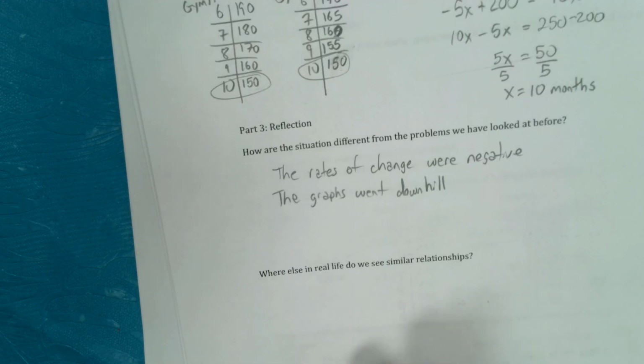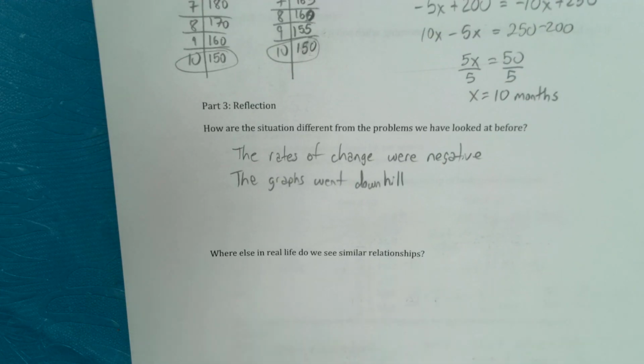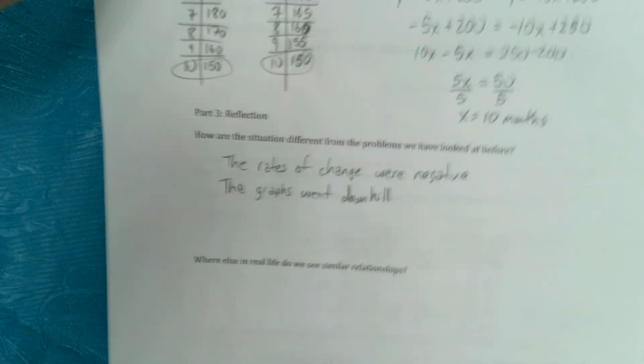So pretty much any type of situation where you have a consistent decrease of the same amount each time. So a gas tank isn't the best example unless you are driving consistently at the same speed. Then the amount of gas you're using should be fairly consistent. Like the lunch one, if you have a lunch account, you have to be pulling out the same amount every time for you to get a nice straight line that declines at a constant rate.